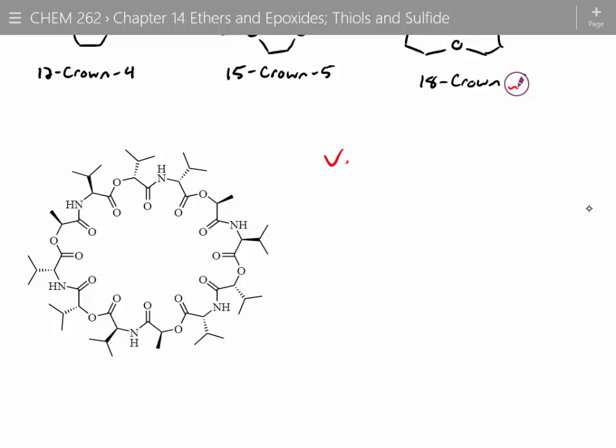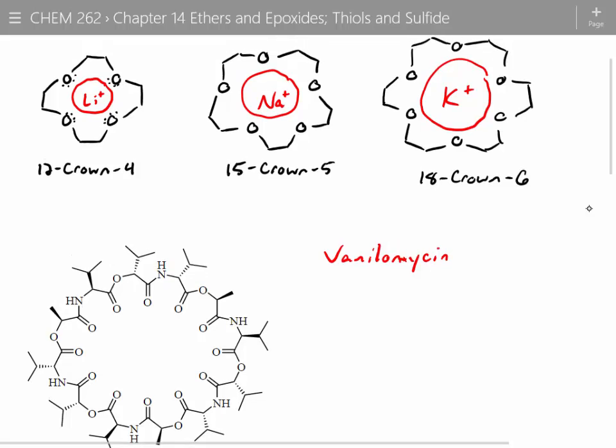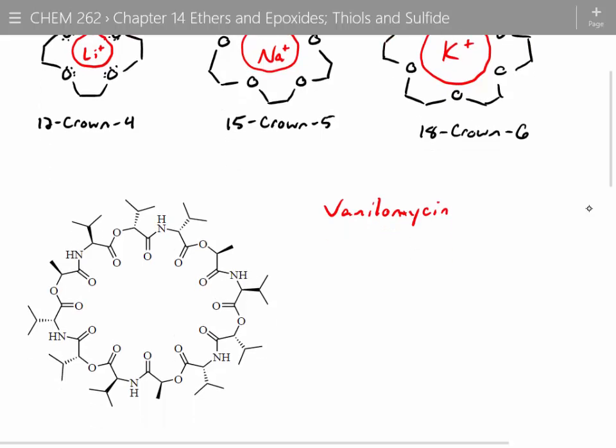This is vanillomycin. This is a common antibiotic. Or I wouldn't say common. It is an antibiotic. But if you look at it, it looks pretty similar to a crown ether, right? Crown ethers have all those lone pairs pointing into the center of a cavity. All of these lone pairs are pointing into the center of a cavity.